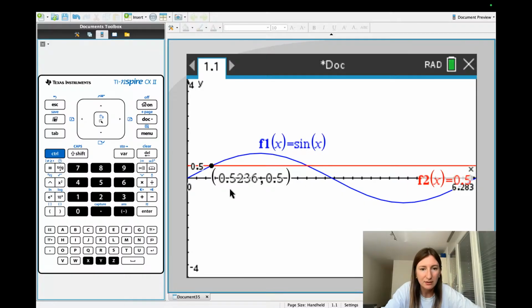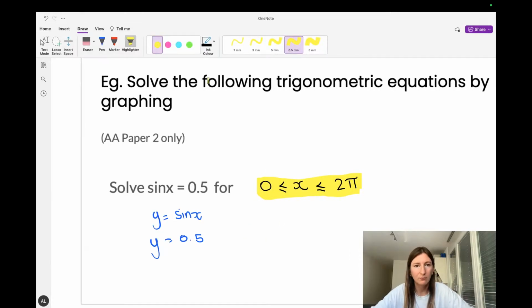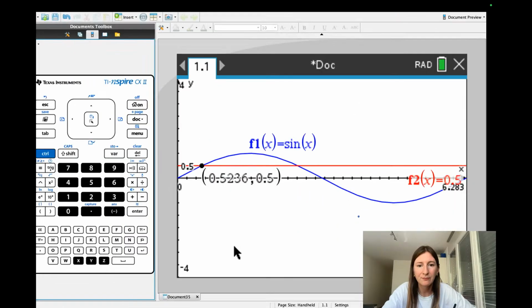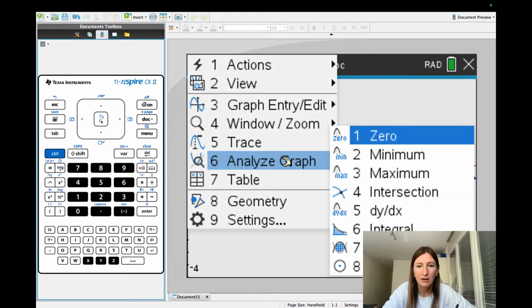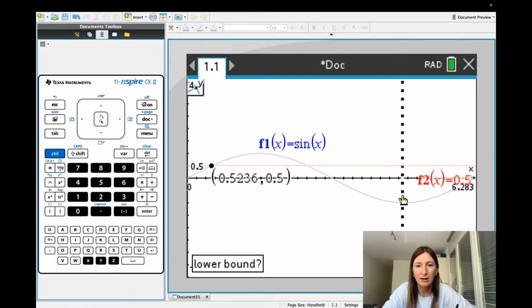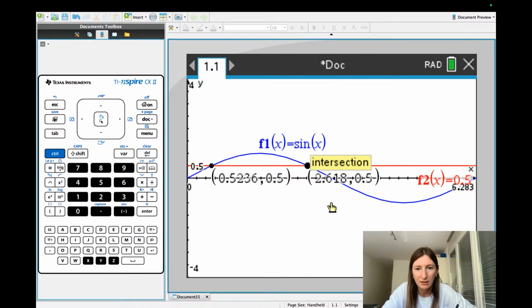And there we go. It gives us 0.524. So we have x equals 0.524 in radians. We can say rad. And then the other one, we have to do manually as well. We need to go analyze graph, intersection again, and tell it a little bit on the left, doesn't really matter, a little bit on the right.